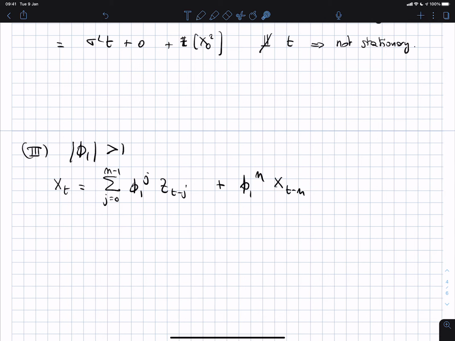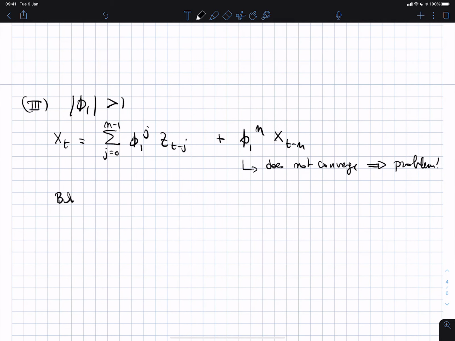But because phi 1 is larger than 1, this is going to go to infinity, or it doesn't converge. Maybe I should write not convergent. Therefore, we have a problem.